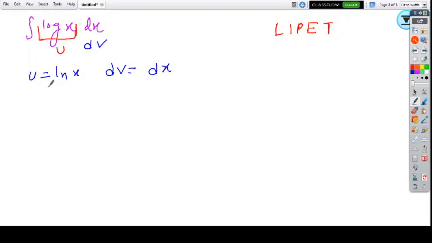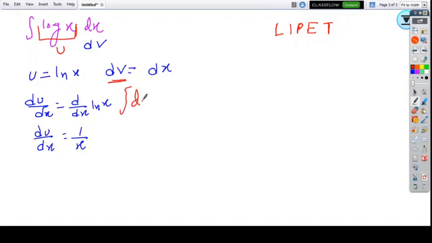Since I wanted to find out du, I will differentiate both sides. du upon dx is equal to d by dx of ln x, which will produce du by dx is equal to 1 by x. And I am interested to find out v, so I am going to integrate both sides, dv equals dx.